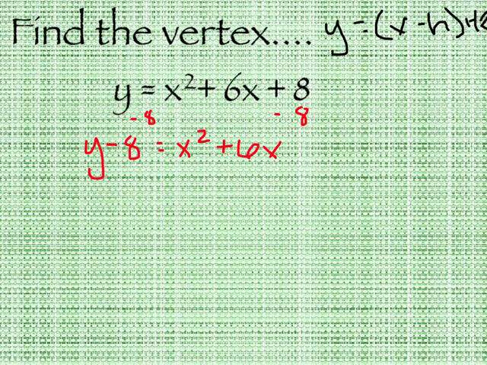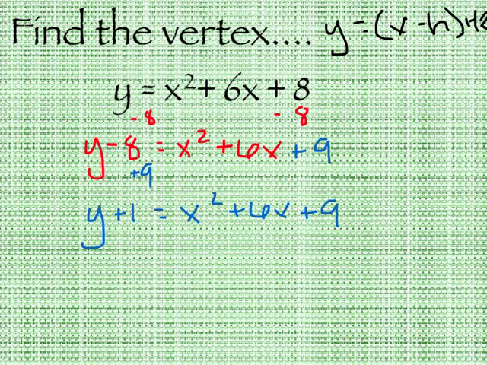Now to complete the square here, I need the square of half of b. So half of b is 6, so the square of that would be 9. So I'm going to add 9 to both sides. When I do that, I get y plus 1 equals x squared plus 6x plus 9.